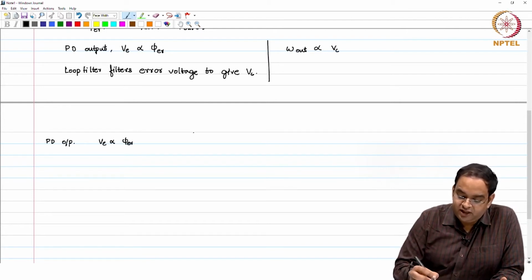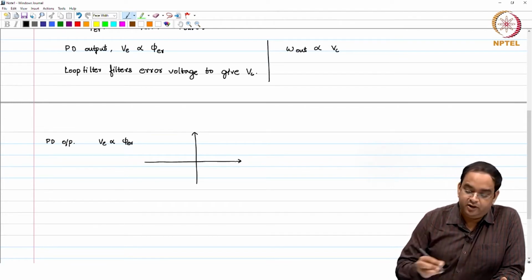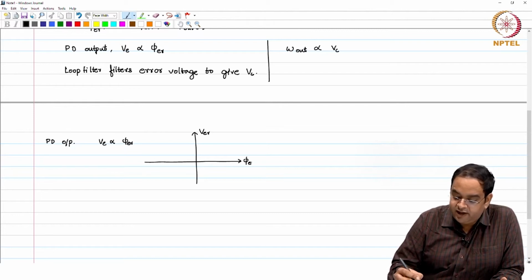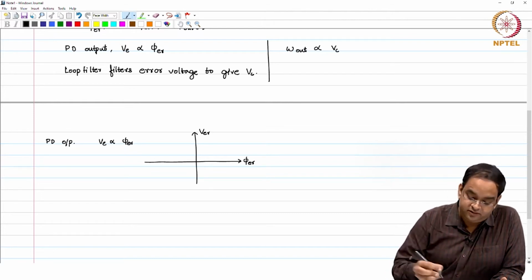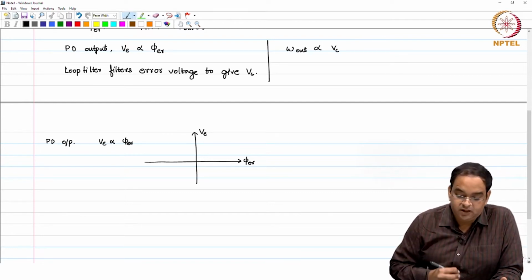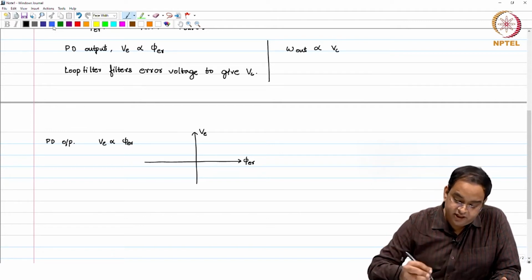Because this is directly proportional, it can be a straight line characteristic between V error and phi error. This is V E here. The straight line characteristic between the phase error and V error will be something like this.